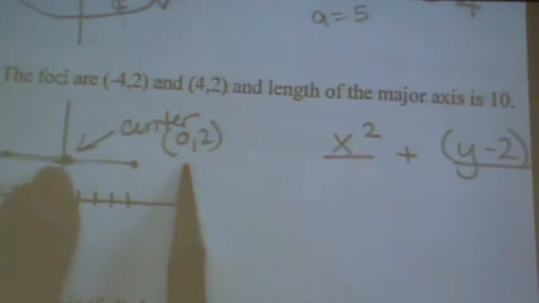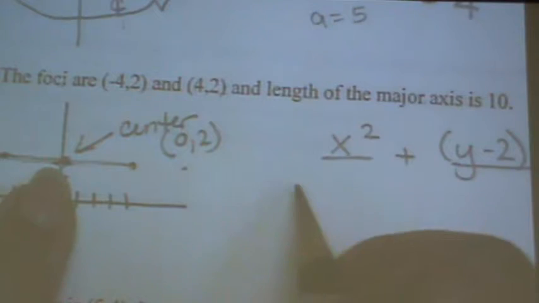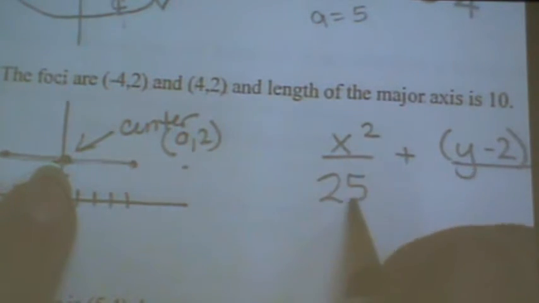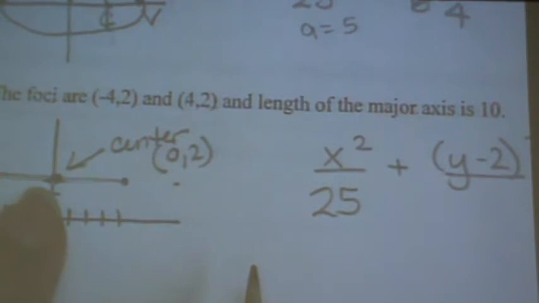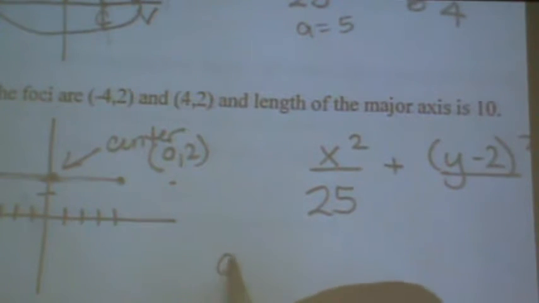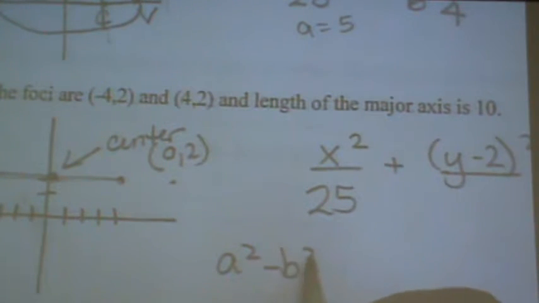It says the length of the major axis is 10 units. So from here to here, it's 5 units. So underneath x squared, you're going to put 25, because 5 squared is 25. And we know that a squared minus b squared equals c squared.